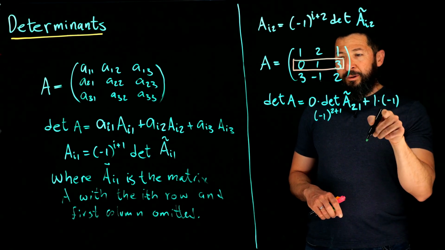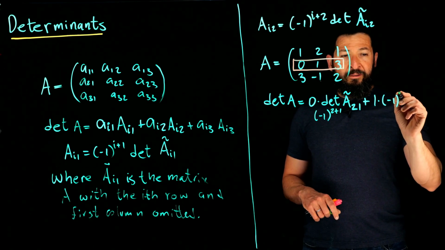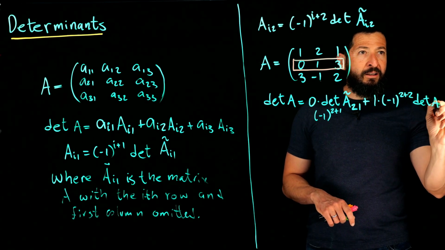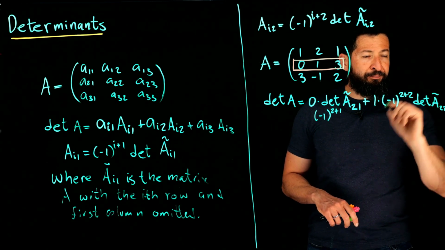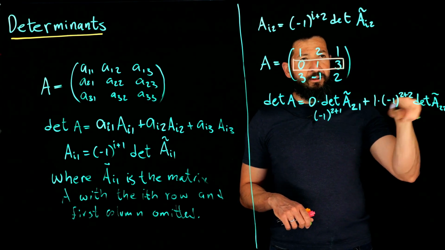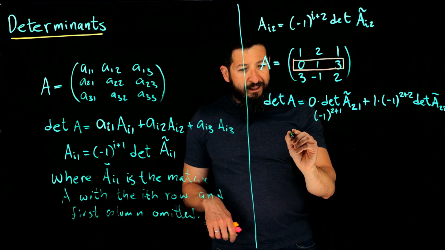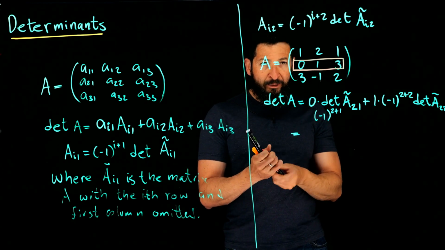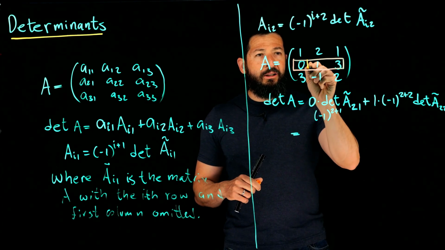Now this next one is going to be -1 to the power of 2 plus 2, determinant of A sub 2 tilde. That's going to be the matrix where you eliminate the second row and second column. Lastly, you're going to pick the next entry. By the way, I should have been labeling things or coloring things around.